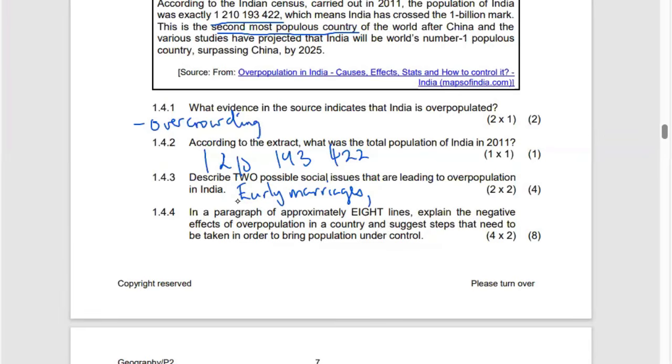Then you look at limited contraception, or the knowledge of how to use contraception might be limited.